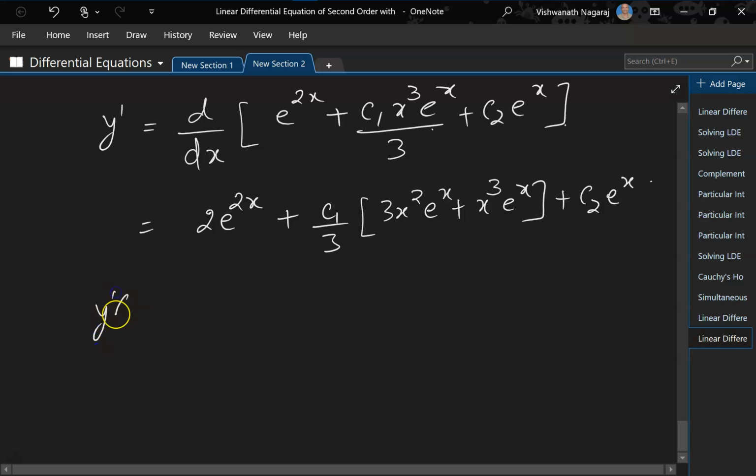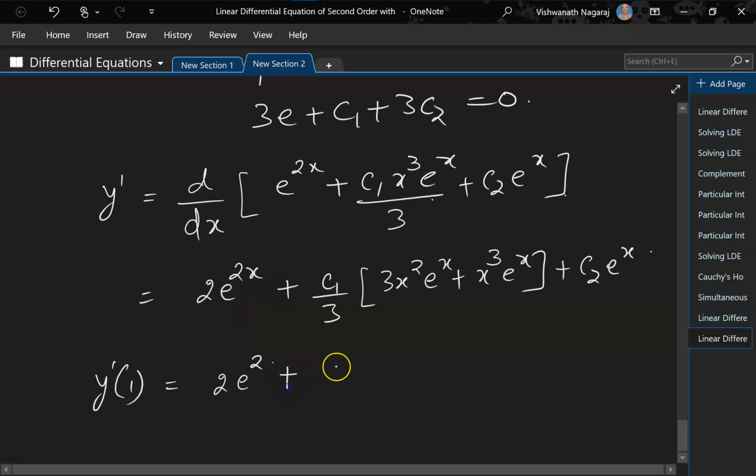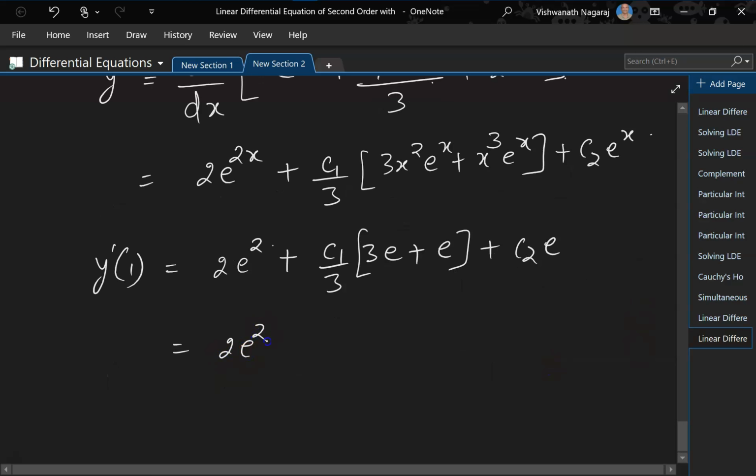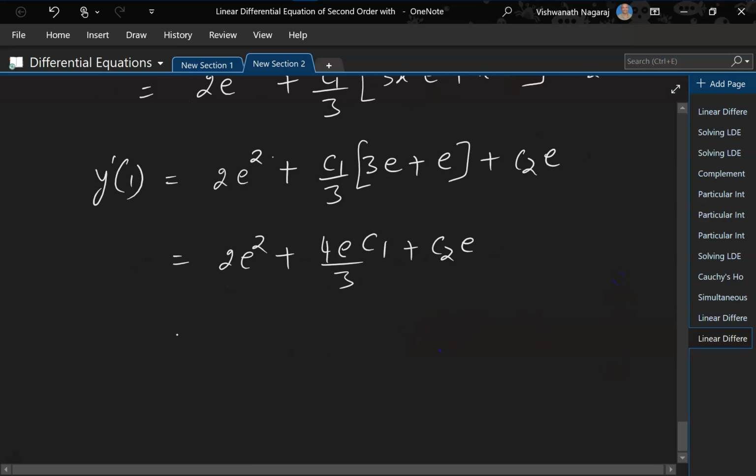And now let's take y prime of 1. Which means this becomes 2e square plus c1 by 3 times (3e plus x cube, which is 1, times e to the power of x, which is e), plus c2 e. So 2e square plus 4e c1 by 3 plus c2 e.